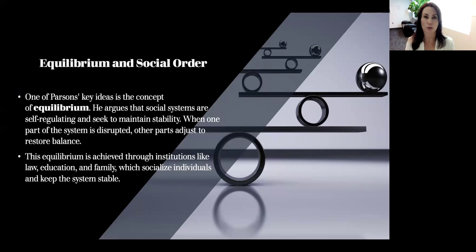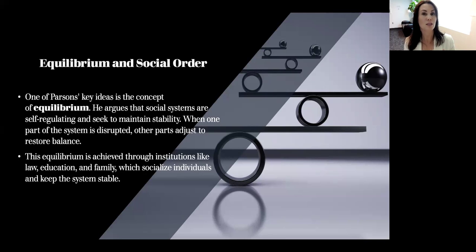And for Talcott Parsons, everything is about equilibrium and social order. As we discussed in our last class, structural functionalism is about all these social institutions working together to keep stability in society. That's why it was criticized for not being able to explain change very much, right?